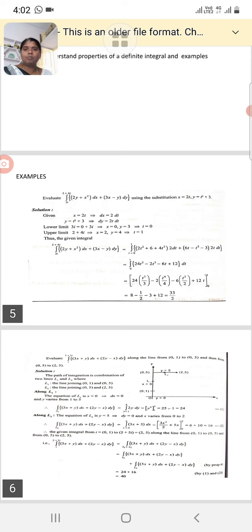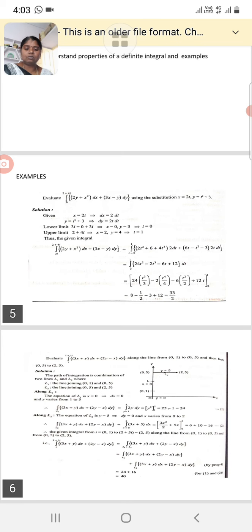By using the properties. Let us evaluate the integral to 2 plus 5i of (3x + y) dx plus (2y − x) dy along the line from 0 plus i to 0 plus 5i and then from 0 plus 5i to 2 plus 5i.